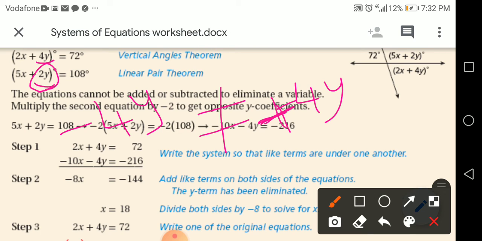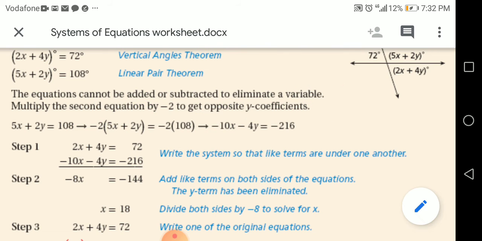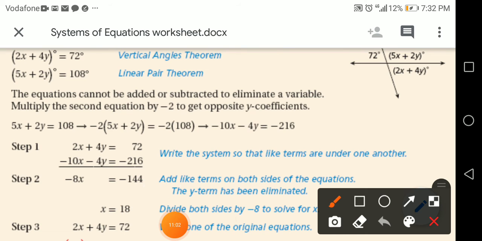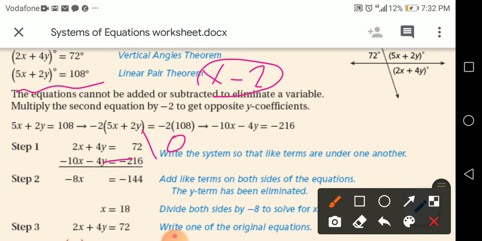So how can I get 2y to negative 4y? Multiply by negative 2. So how do I multiply all of this by negative 2? Negative 2 times 5 is negative 10x.